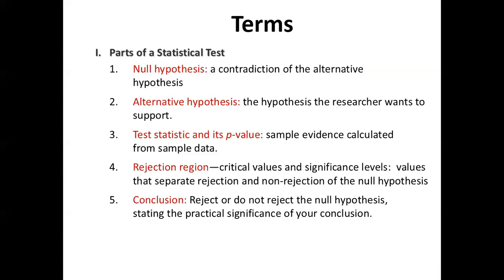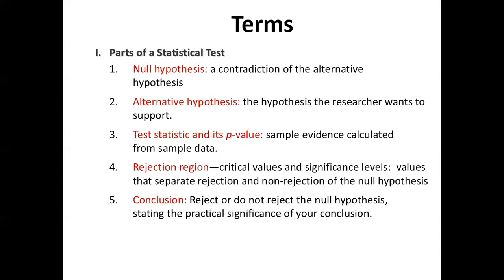We also discussed the significance value, that is the cut off point 0.01 and 0.05, and also type 1 and type 2 error. So now in this chapter, we are going to learn how to test the hypothesis.